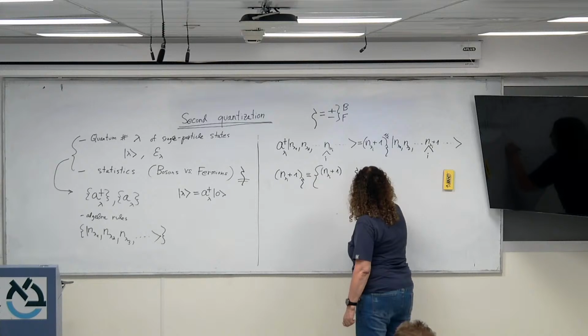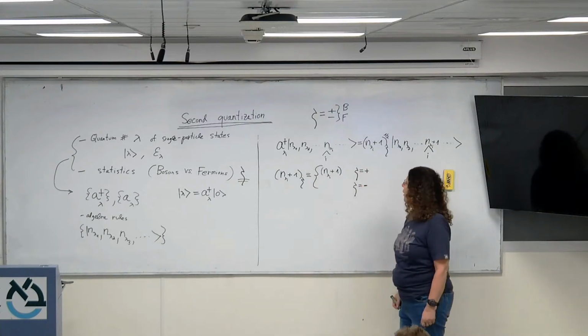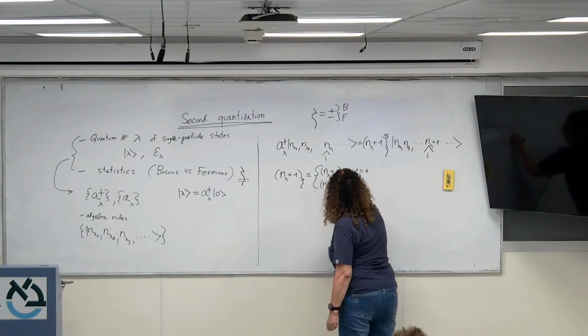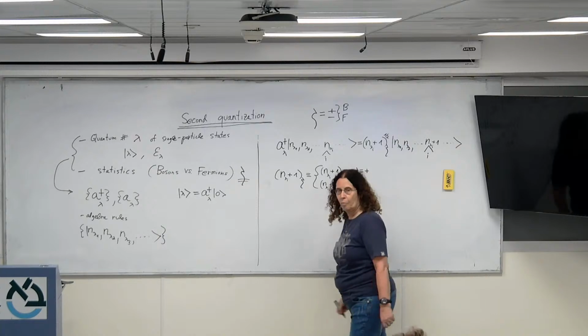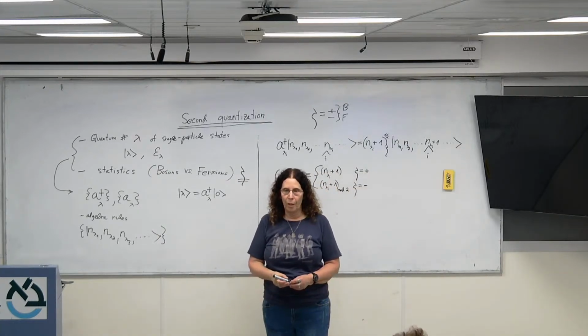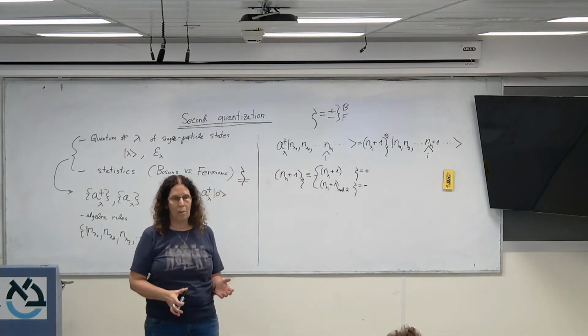What happens then for zeta equals minus, for fermions? I have to define it as n_λi plus 1 modulo 2. That's good, because if n_λi was 0, I get 1.